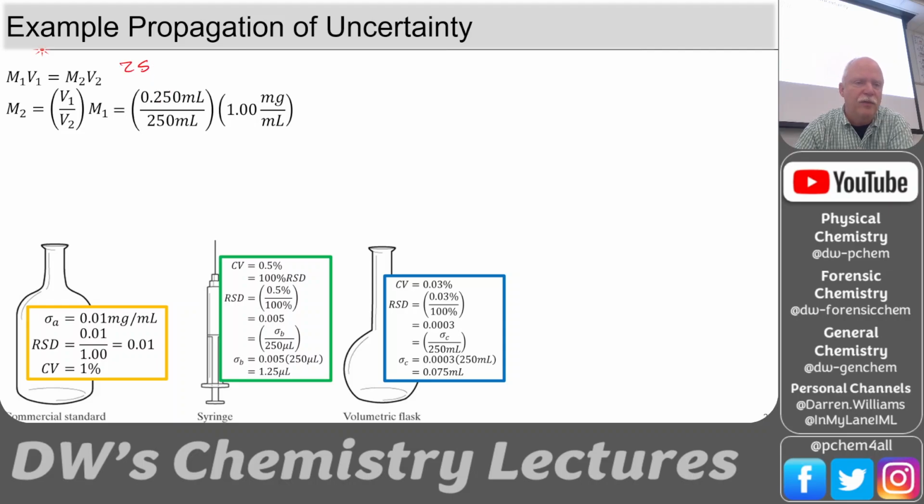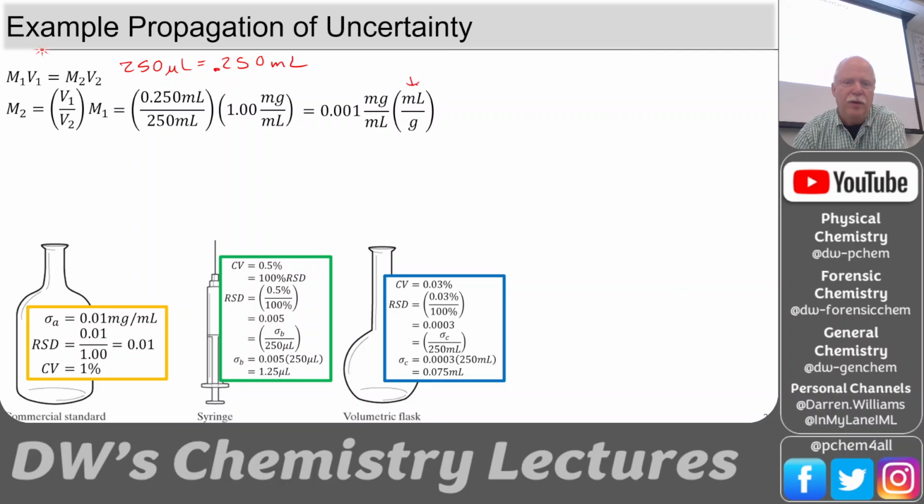So 250 microliters is equal to 0.250 milliliters. So I did a little unit conversion there just to save some time. And so then we've got our 0.001, that's the result. And I've got mgs per mil, and then I have to do this right here.